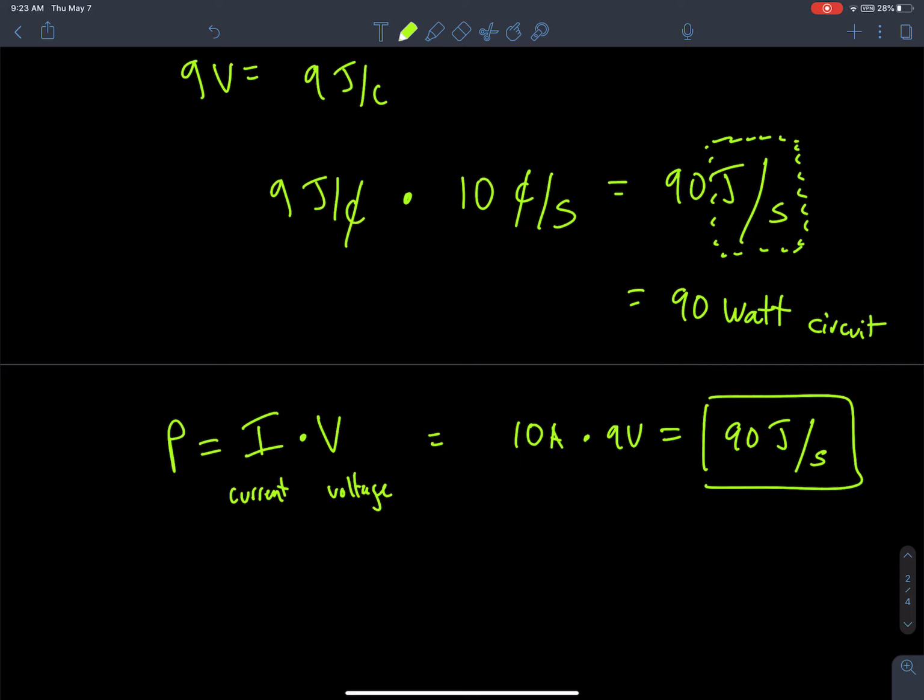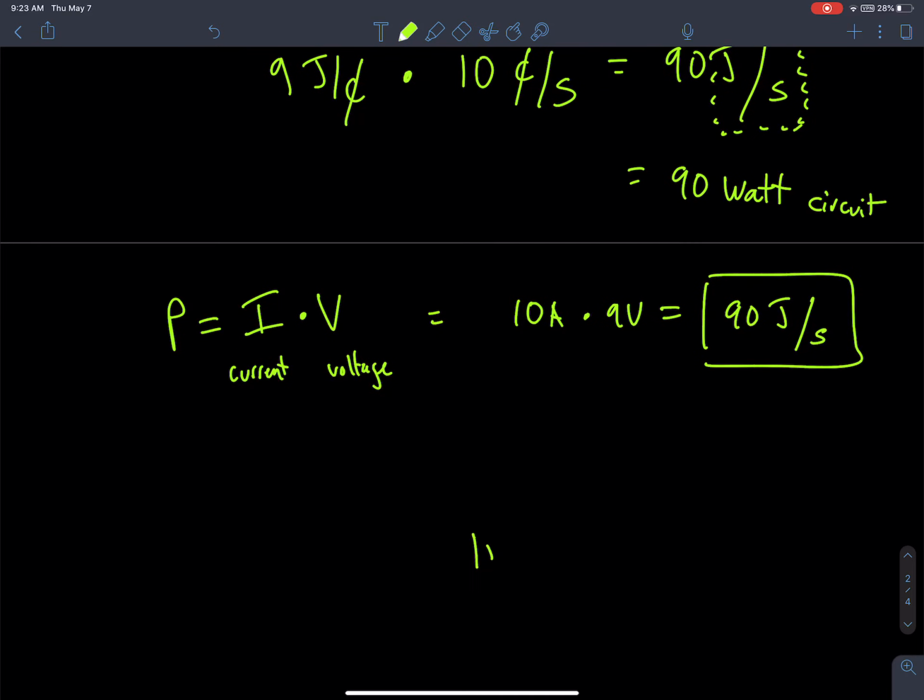So if I draw that out again, let's imagine this is my resistor with that squiggly line. In this circuit, where I would have 9 volts and 10 coulombs per second of current, or 10 amperes, I would be releasing 90 joules of heat energy per second by that resistor.